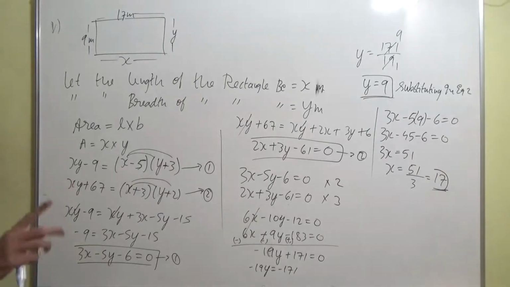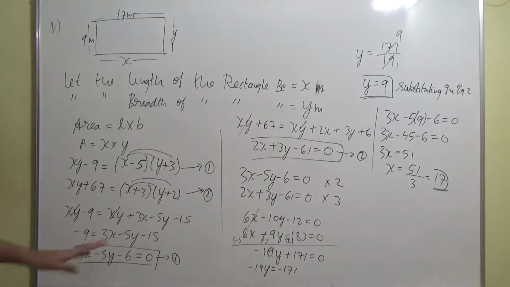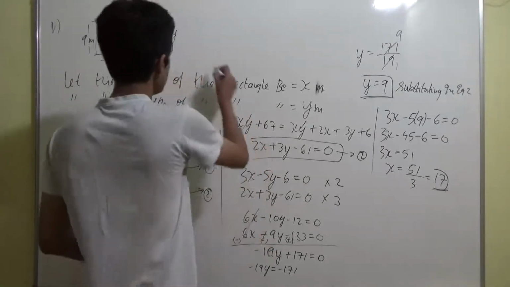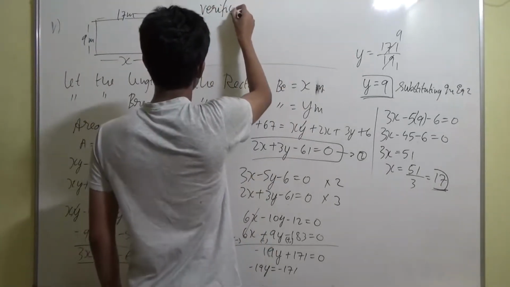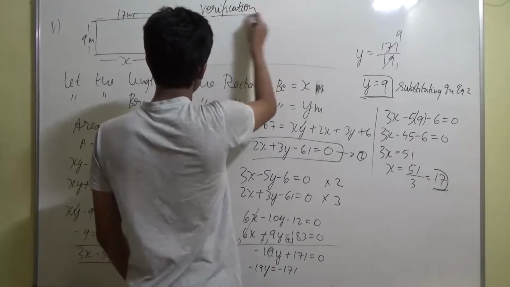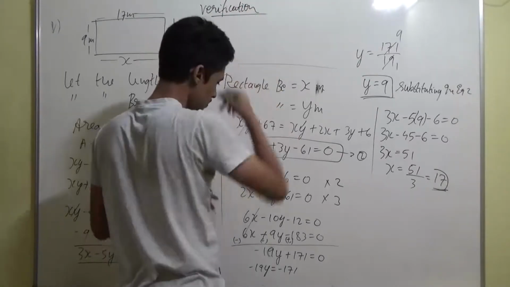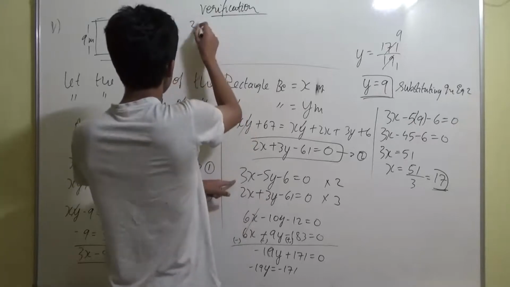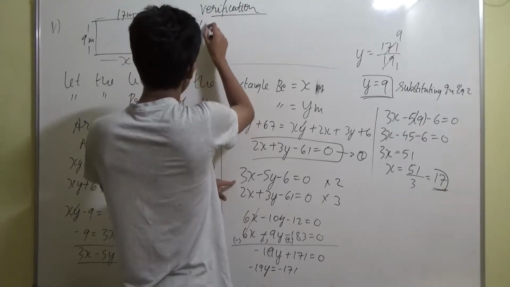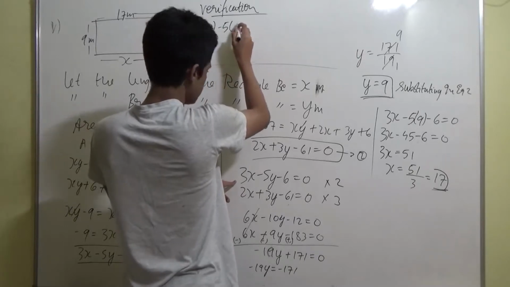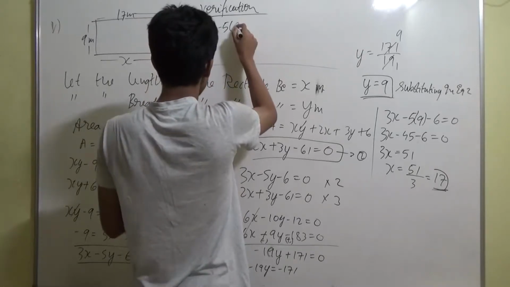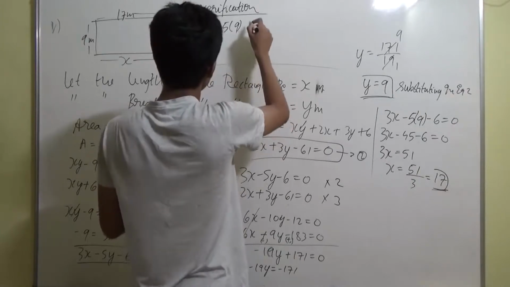But one thing which we still didn't do is the verification step. So I'll do the verification here. Verification. So in verification, the first equation is like this now: 3 into 17, that is 3x minus 5y, which is 9, and then minus 6.